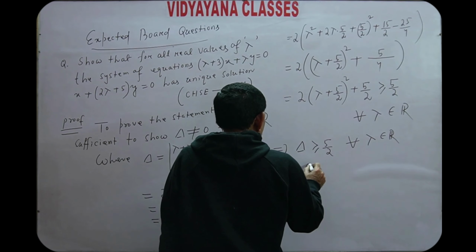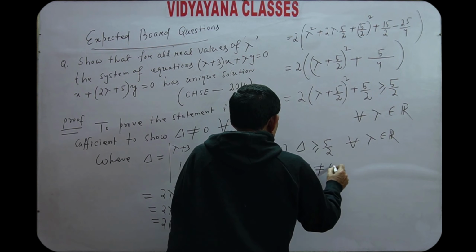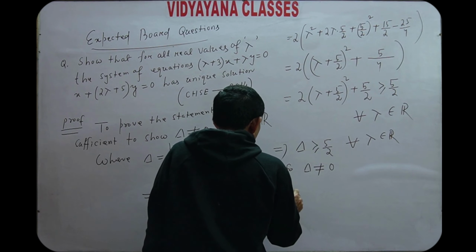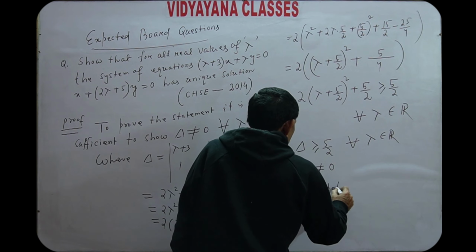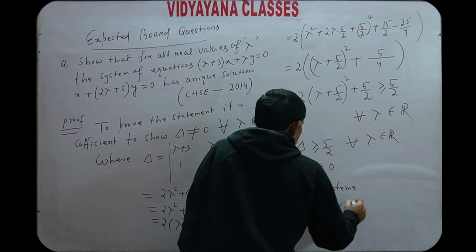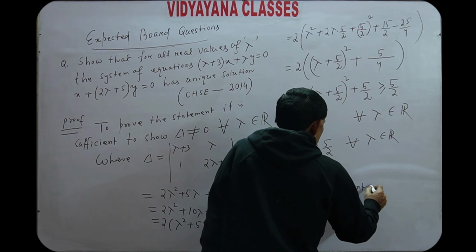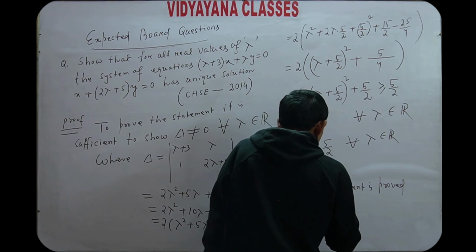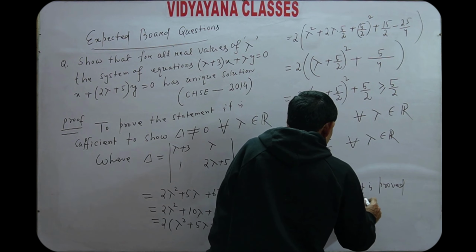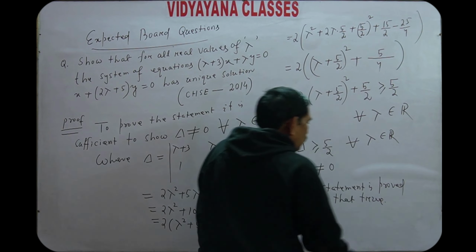So del not equal to 0. Therefore the statement is proved. That is true. Clear?